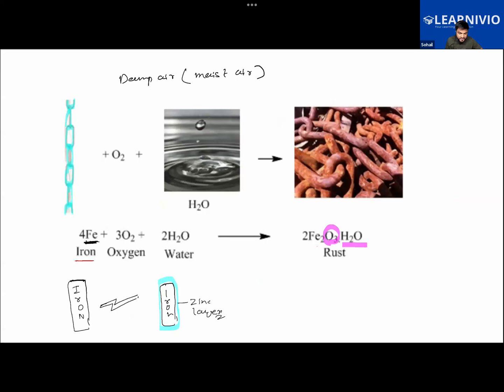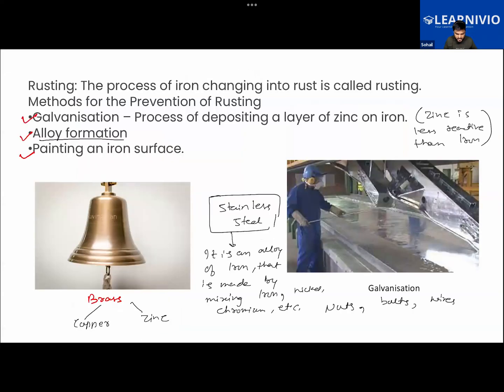These were the changes. Then we are learning about the formation of rust. So iron will be reacting with which components to form rust? Oxygen and water. Oxygen and water. What are the different ways to prevent the iron from rusting?